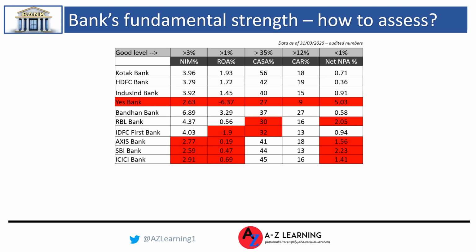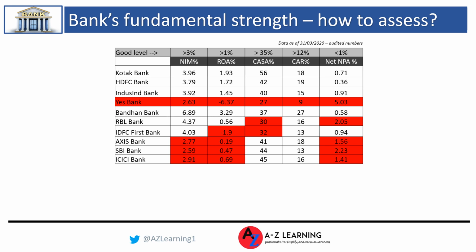Similarly, return on assets must be more than 1%. CASA must be more than 35%. The CAR ratio must be more than 12%, and net NPA must be less than 1%. So these are the good levels to assess whether a bank is in a strong position or not.